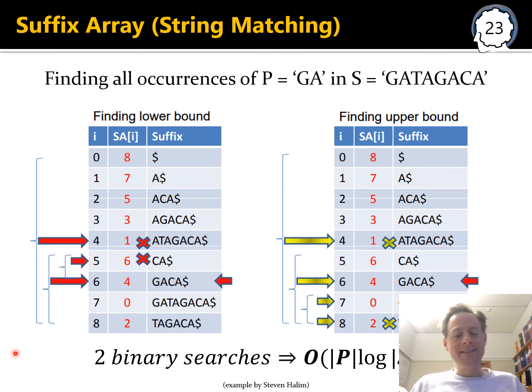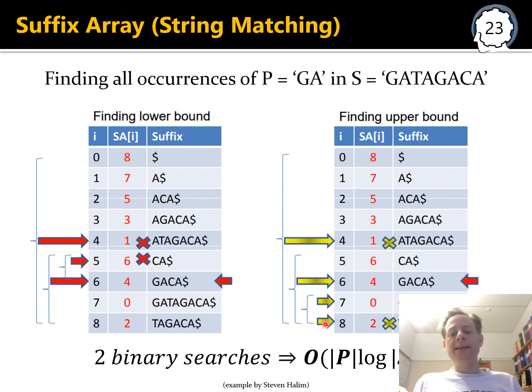I cannot pronounce this. Anyway, what we need to do is to do 2 binary searches. The first binary search is to see where in this sorted suffix array it starts, so we find the first occurrence.